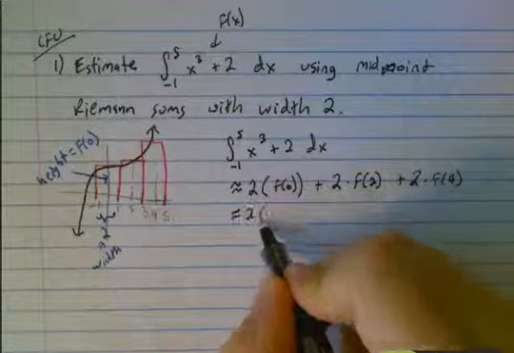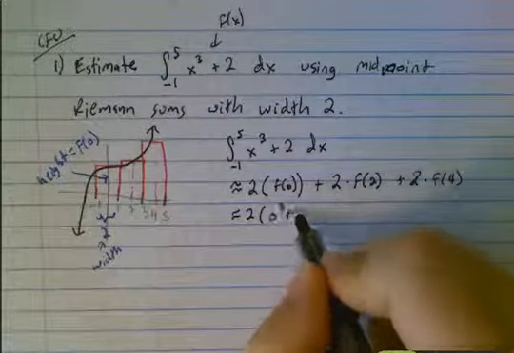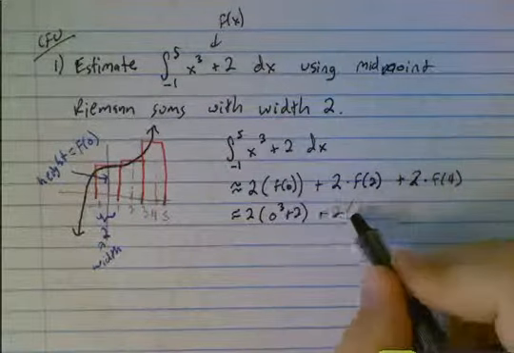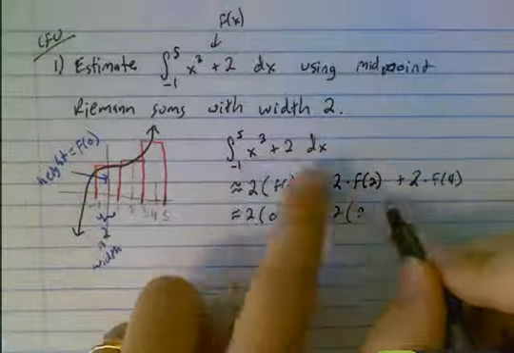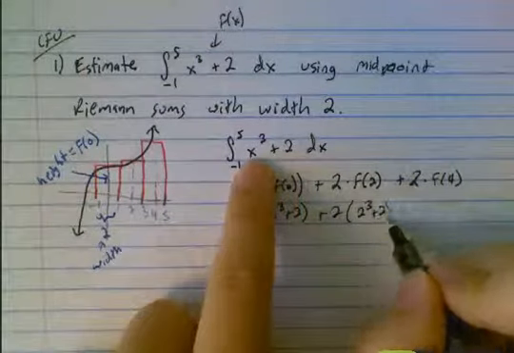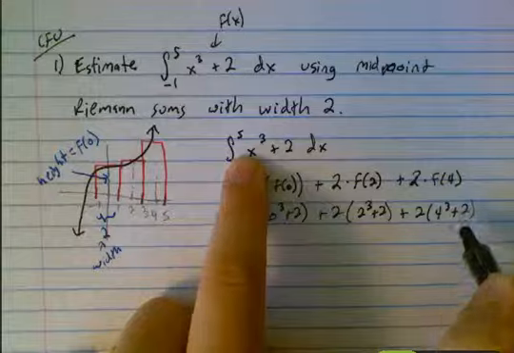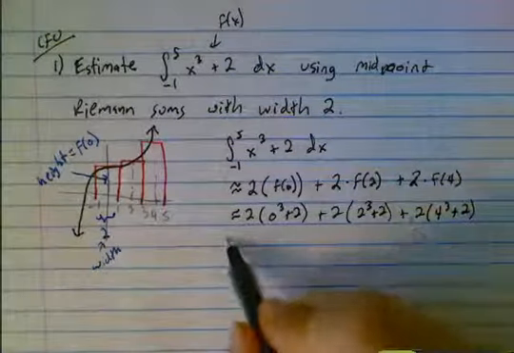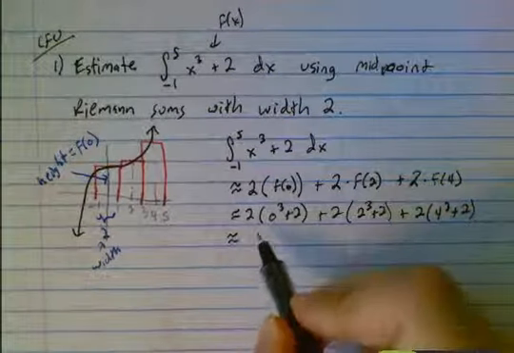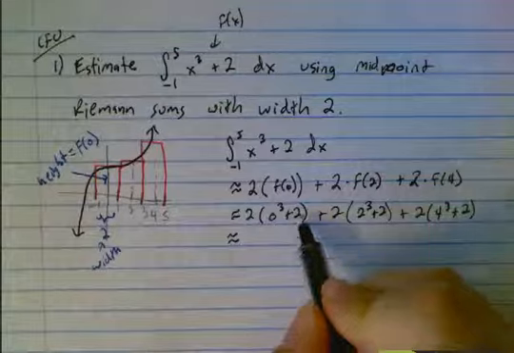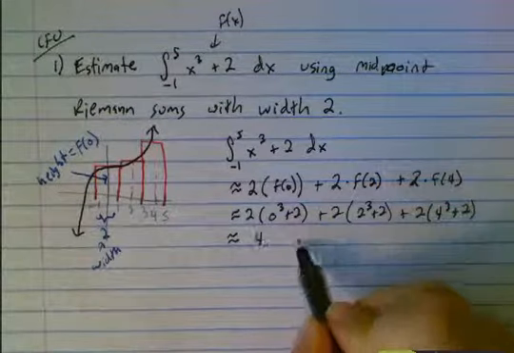So that means we've got 2 times 0 cubed plus 2, times 2 cubed plus 2, times 4 cubed plus 2. This is approximately equal to 2. 2 times 2 is 4.